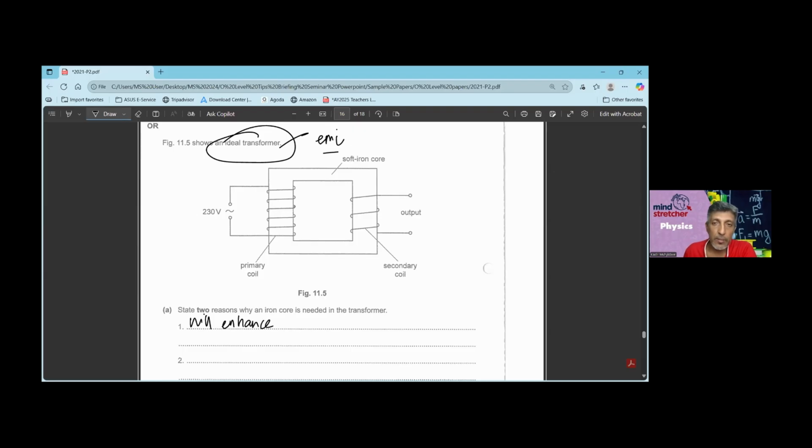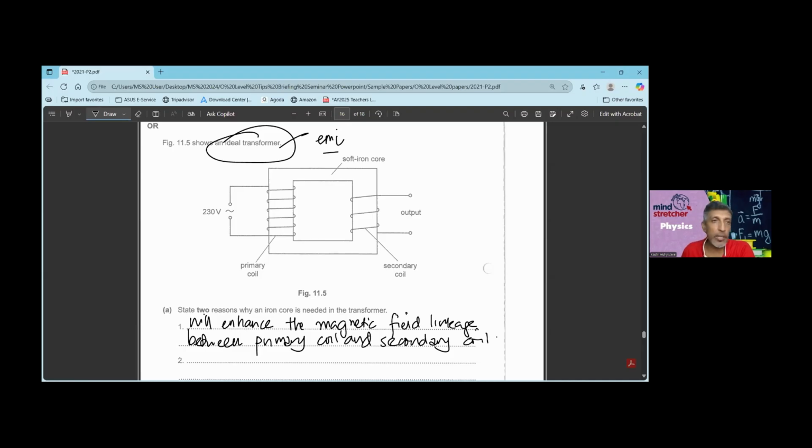Yes, very good, Gabriel. Easily magnetized is correct. One is it will enhance the magnetic field linkage between the primary coil and secondary coil.